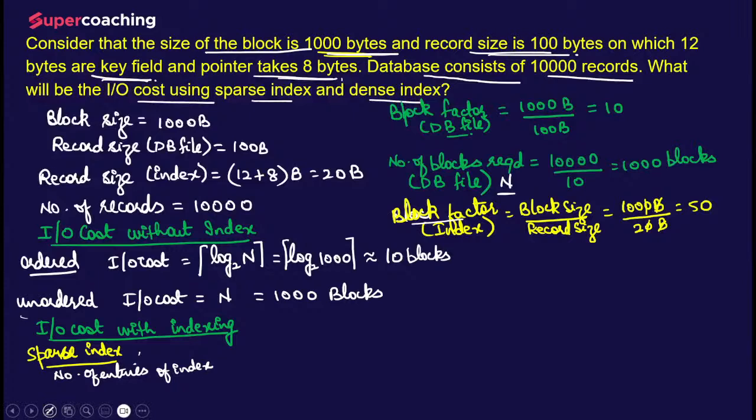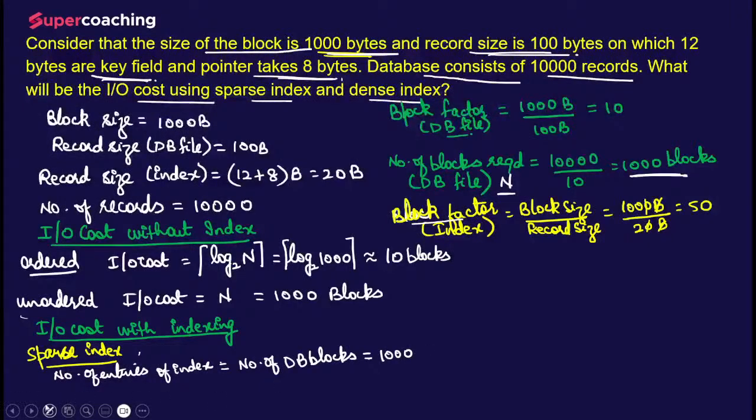If we want to find out the number of entries, from every block one entry is coming. So the number of entries in the index will be equal to the number of database blocks, because corresponding to each block only one entry is coming up. The number of database blocks is 1000.